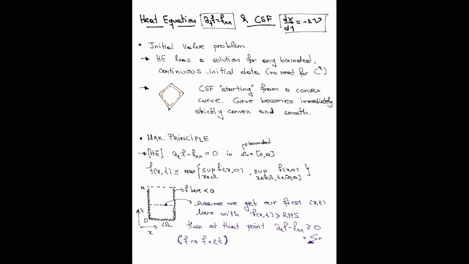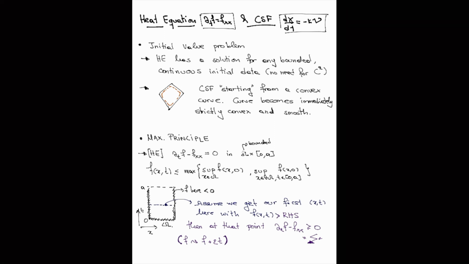Another very useful property that originates again with the heat equation is the maximum principle. So what does the maximum principle say? Say you have a solution F of your heat equation on a domain omega.